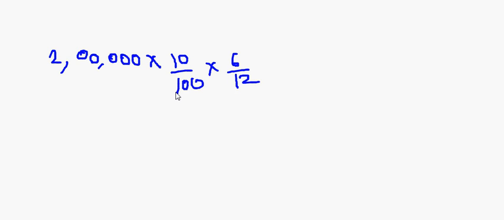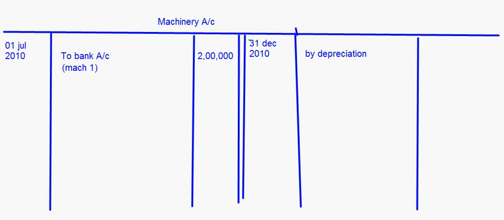If you calculate 2 lakh into 10% into 6 divided by 12, it will come as 10,000 rupees. So that's equal to 10,000. This is the depreciation that you are going to put here by depreciation, for the first year, 10,000.